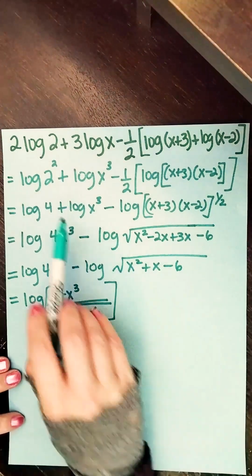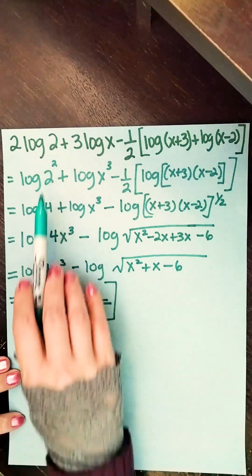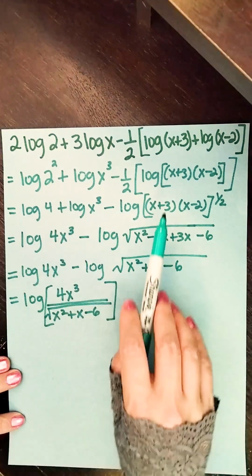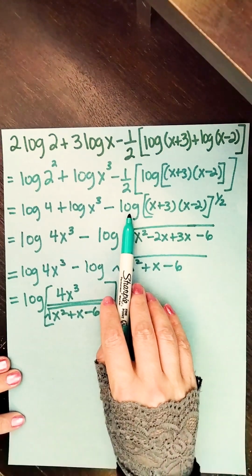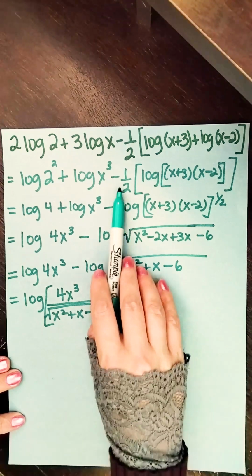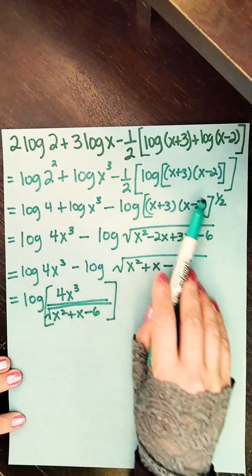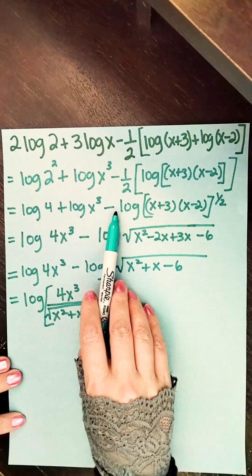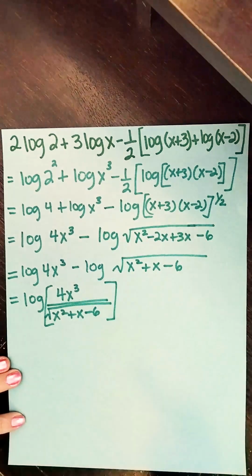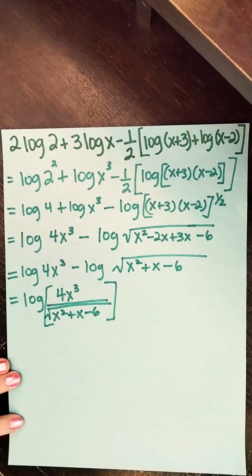And then next step, I simplified 2 squared, which is 4. And on that same step, I noticed I'll go ahead and use the power property of logs here. So I brought that coefficient, that number from the log, up to the top as an exponent.